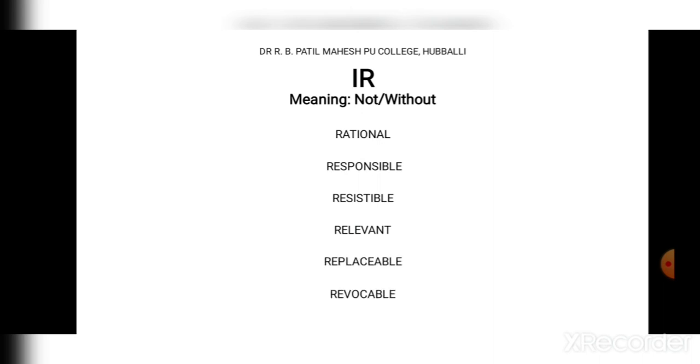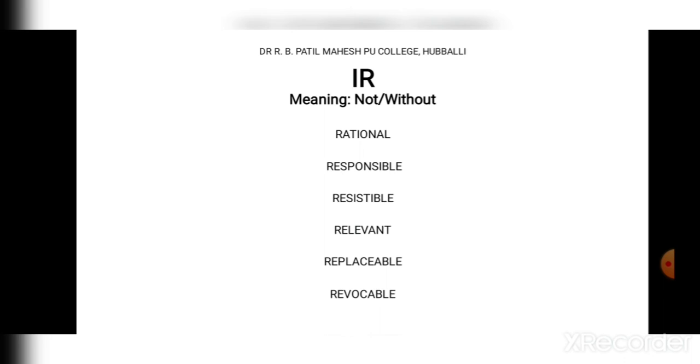Next up, ir. The meaning is not or without. Another trick to remember ir is used with the root words beginning with r, that is irrational, irresponsible, irresistible, irrelevant, irreplaceable, and finally irrevocable.